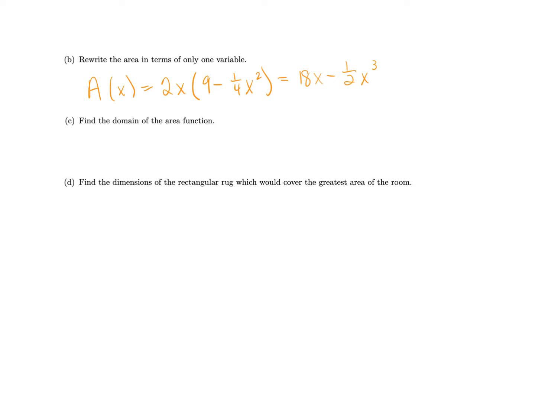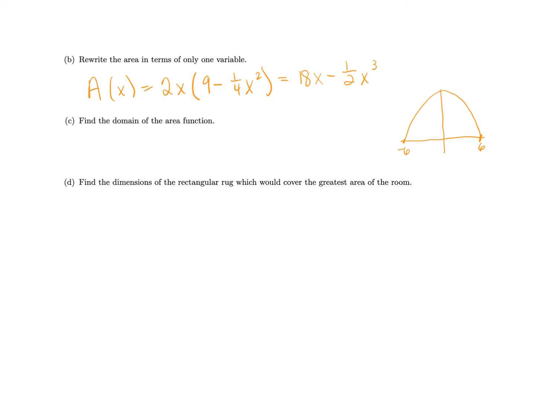To find the domain, I need to think about what my picture looks like. Remember, it's like a parabola-looking thing. And -6 and 6 were the x-intercepts for that curve.